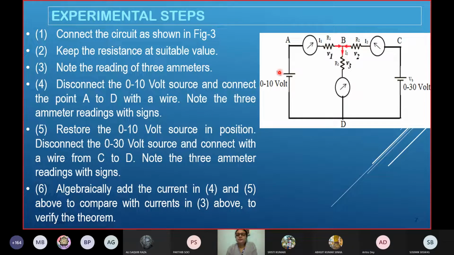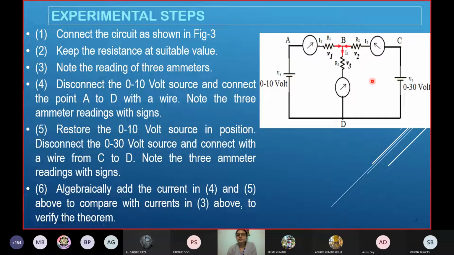Look here, we have considered in our laboratory VA to be 0 to 10 volt and VB to be 0 to 30 volt. Or you can interchange the position of these two, no problem at all. But you have to keep in mind that when you put a source again, it is placed at its previous position only.